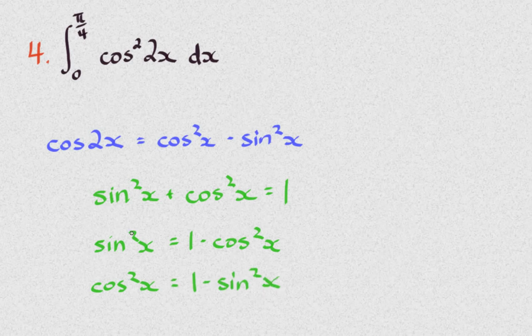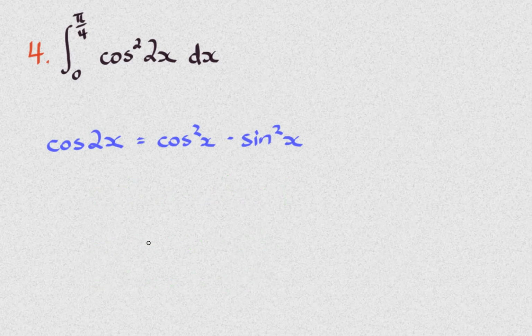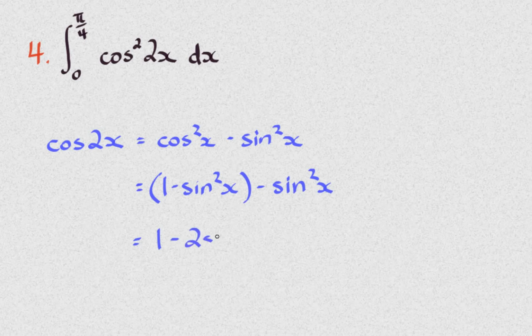Okay, so using this, let's go and rearrange this first line. And we will start by getting rid of cos squared x. So let's replace that with 1 minus sine squared. And so collecting like terms, we have 1 minus 2 lots of sine squared x.